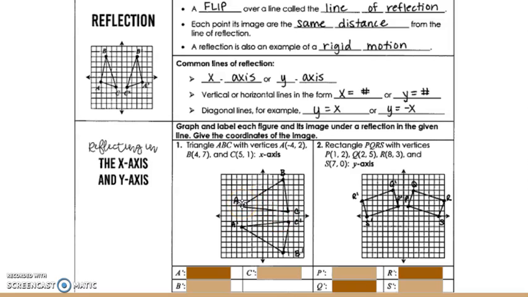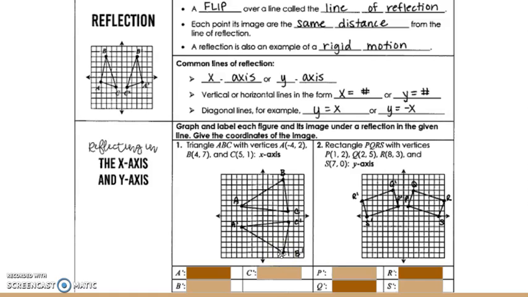Same thing with point A. From A to the x-axis, we went 2 units. So we're going to go on our x-axis, and we're going to go 2 units the opposite direction to get A prime. B is the same exact way, so we're going to count how many units to the x-axis and do the same thing the opposite direction to get B prime.